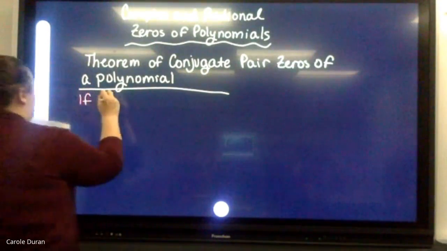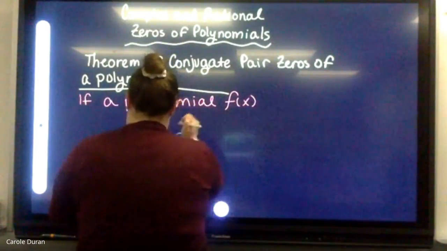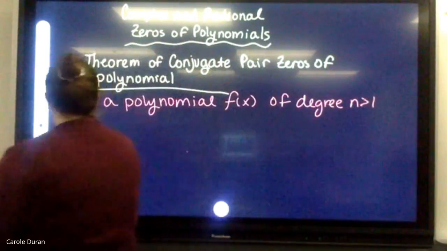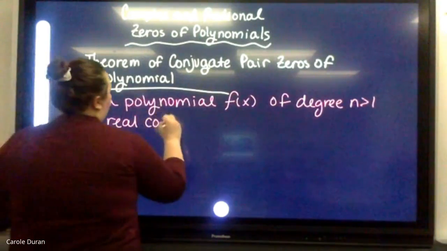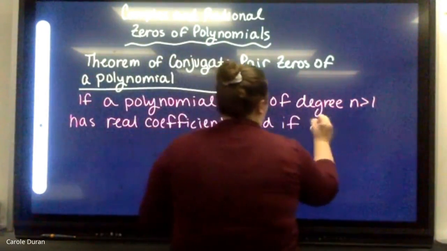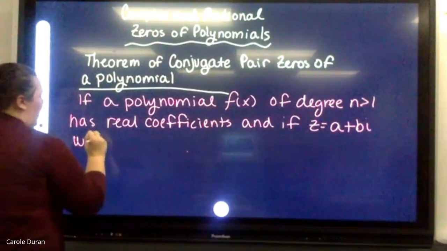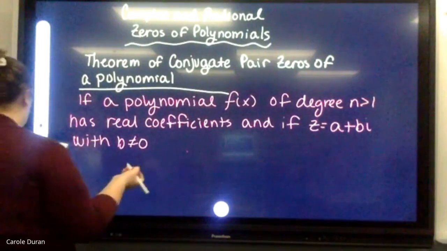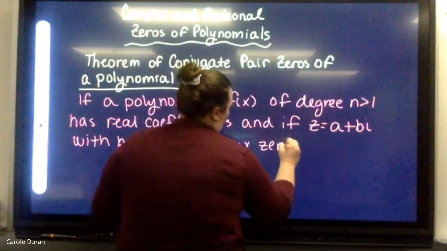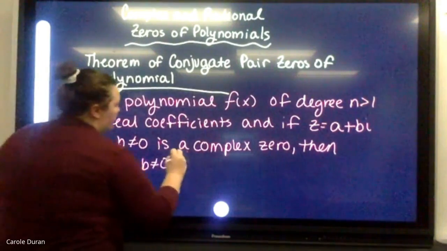So this theorem says, if a polynomial of degree greater than 1 has real coefficients and if one of my zeros is the complex number a plus bi, where b is not equal to 0, then its conjugate, a minus bi, where b does not equal 0, is also a 0.